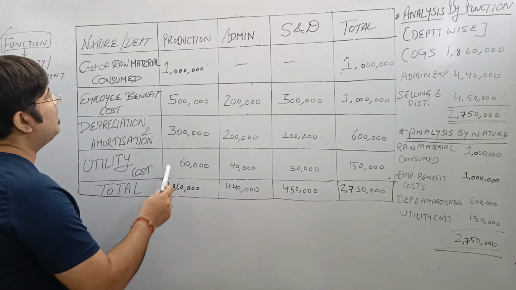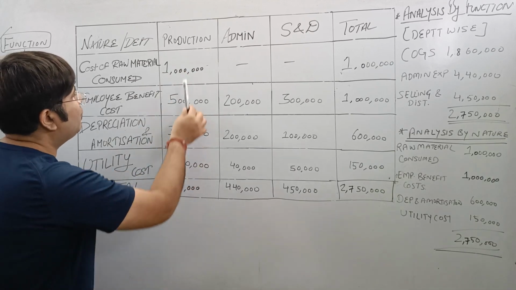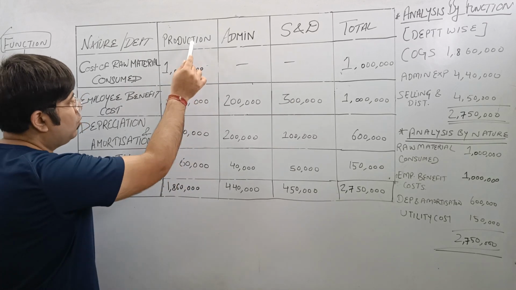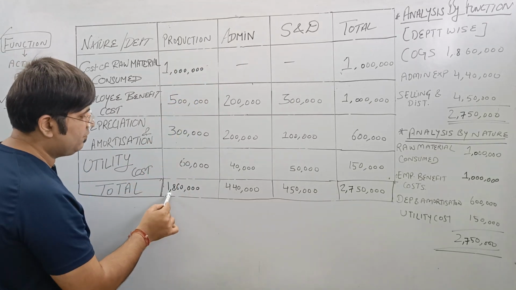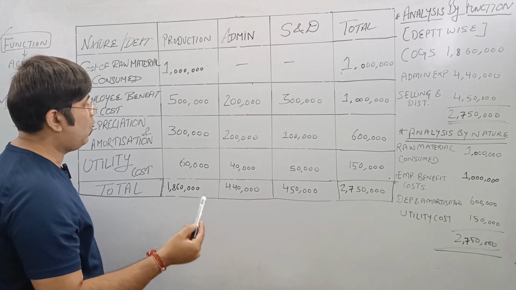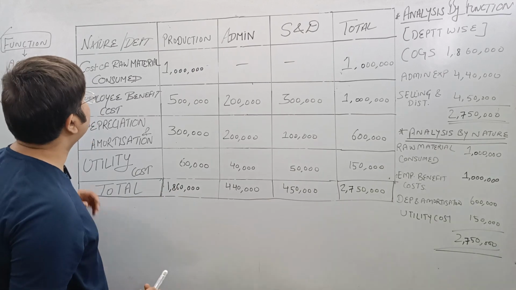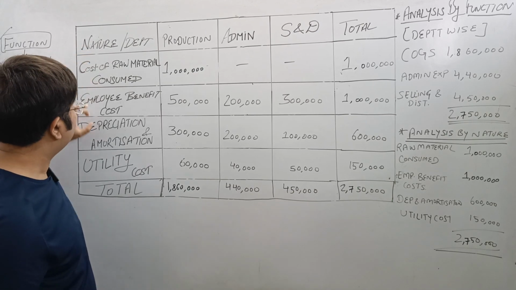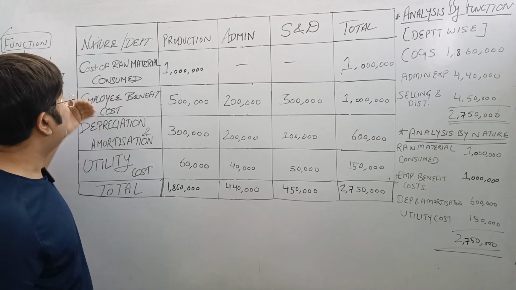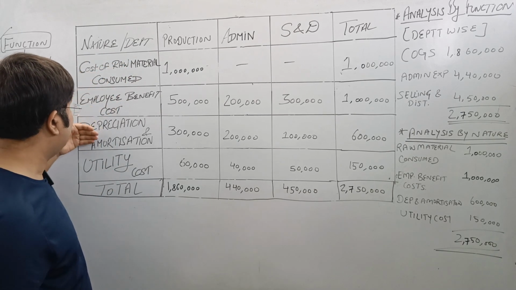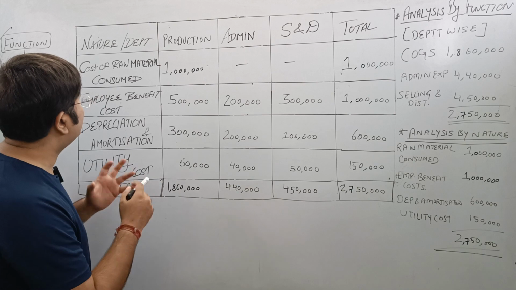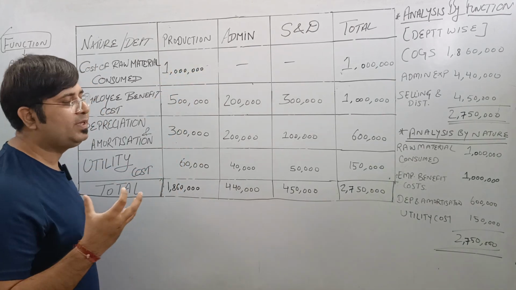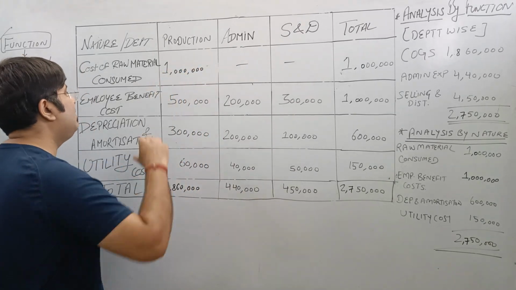If we go one by one, the first column represents the production department expenditure. The total production department expenditure is 1.8 million GBP, which is the currency here. This is segregated into cost of raw material consumed, employee benefit, depreciation, and utility cost. The cost of raw material shows how much was spent on consuming raw material in the production department, that is 1 million.